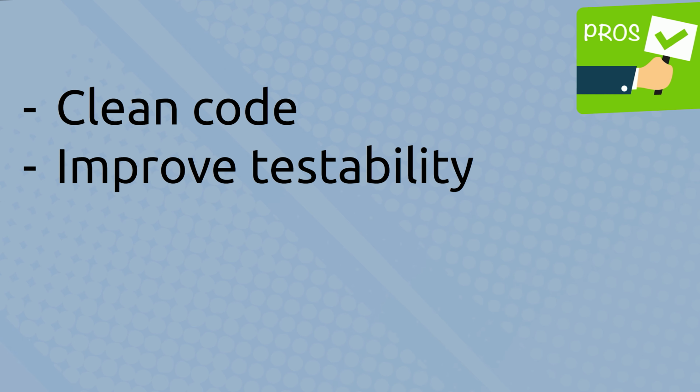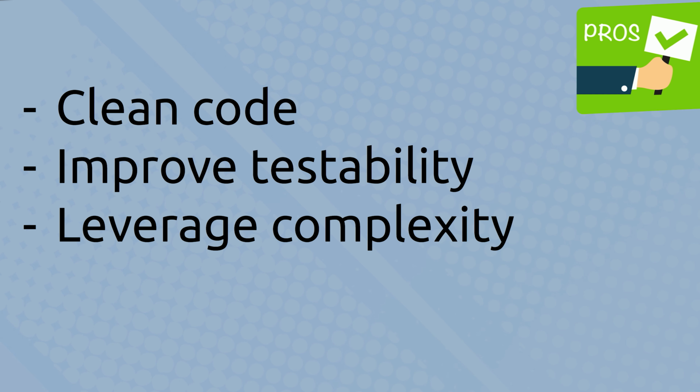Second one, when things are so isolated and broken down, it's much easier to test. Like you saw from the consumer point of view, it just has to test that interface, so it's easily mockable, and your test suite is greatly improved, so then you can extend and scale your software easily.